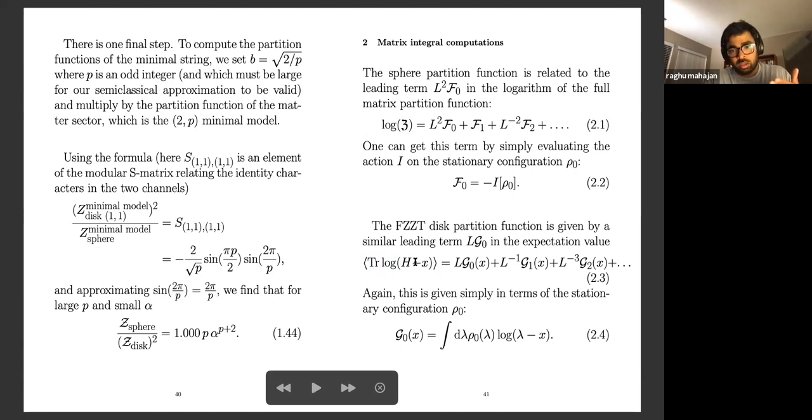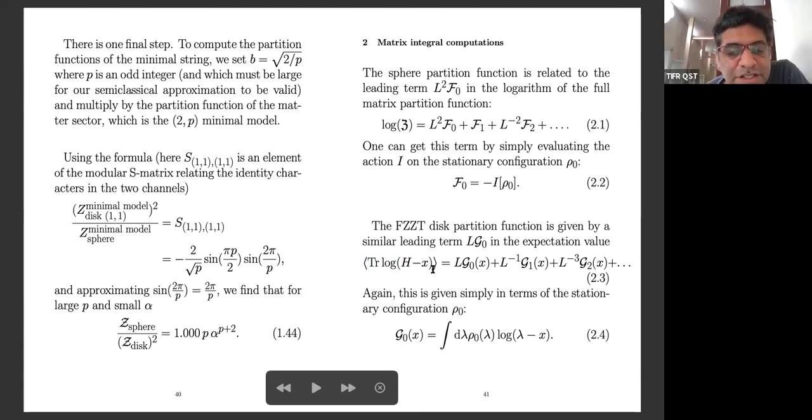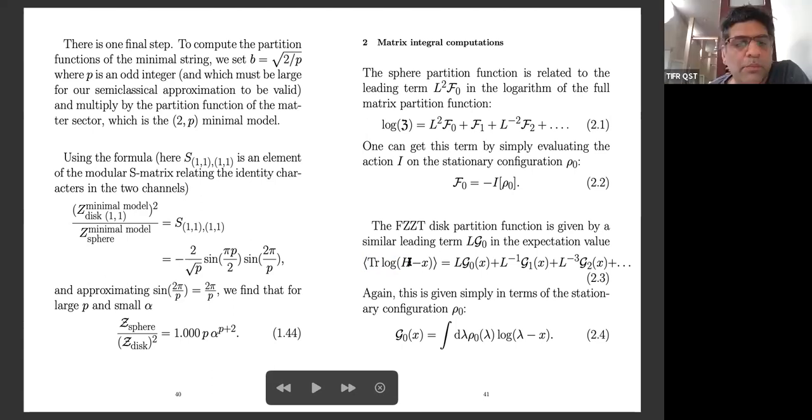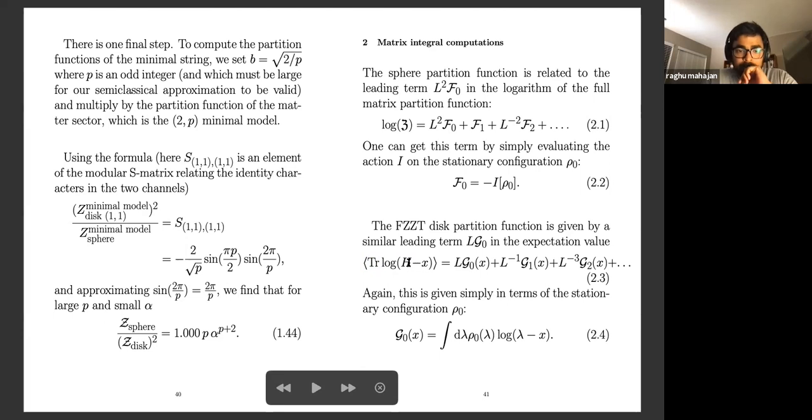If you took a derivative with respect to X, this would be the resolvent. Sorry, an expectation value means dividing by the partition function? Expectation value here just means doing the integral over H, without dividing by the partition function. Yes. I see.